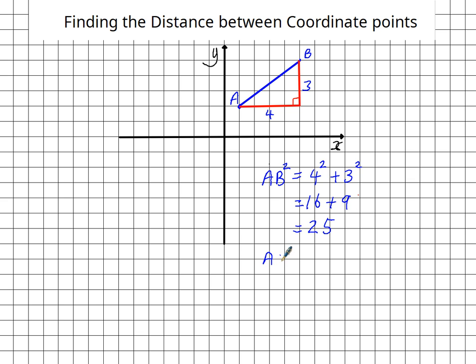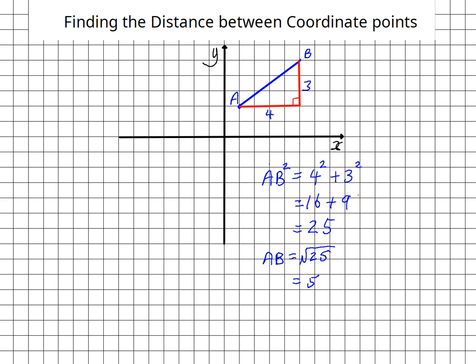So that is, remember, the square of the length AB. So the length AB is the square root of 25, which is 5.